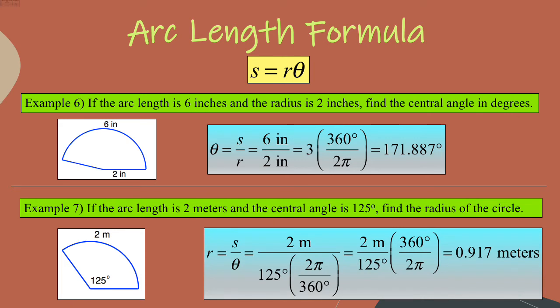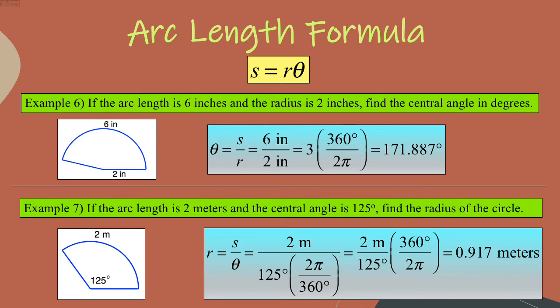I am a big fan of including units when using formulas, so the cancellation of units is clear. In this problem, technically, since the theta is in the denominator, we change it to radians there, getting 2 meters over 125 degrees, and that is multiplied by 2 pi over 360 degrees.